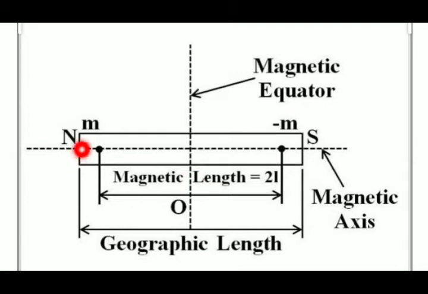Now as you can see, the length from the edge of the bar magnet, from one edge to the other, this is called the geometrical length. Fine.